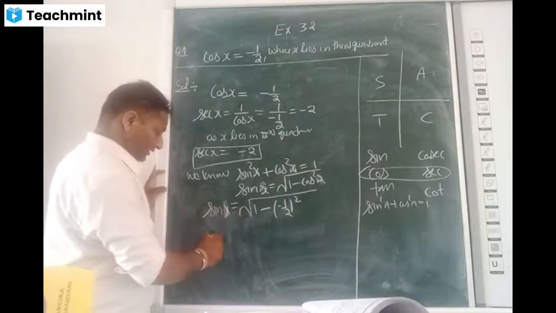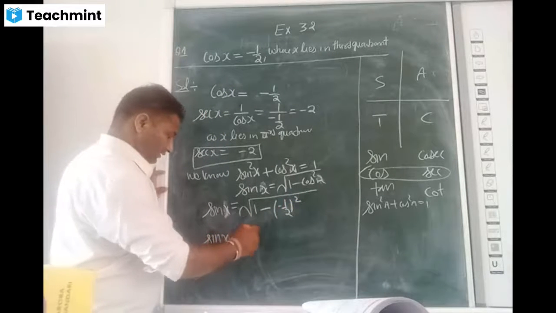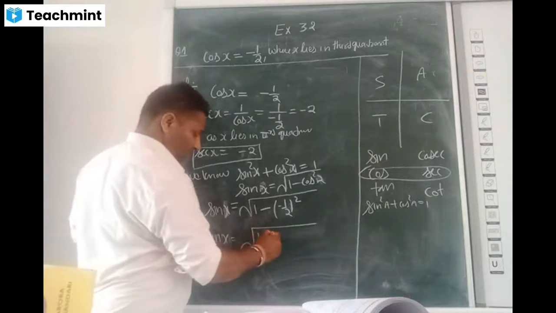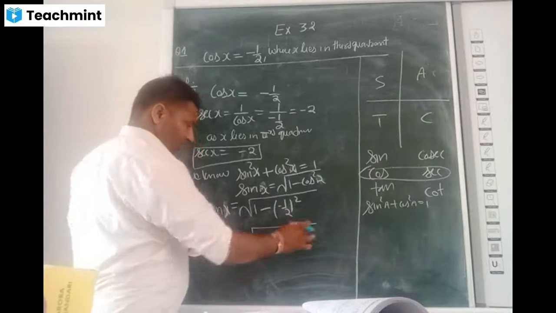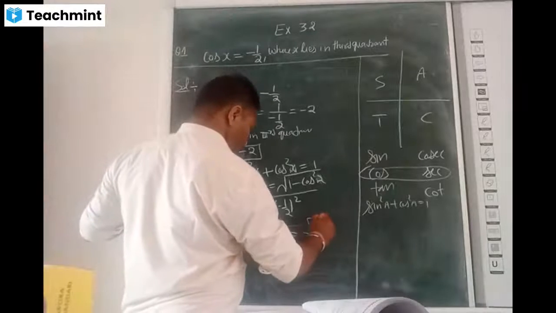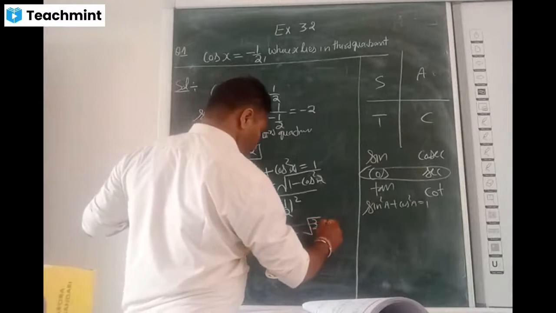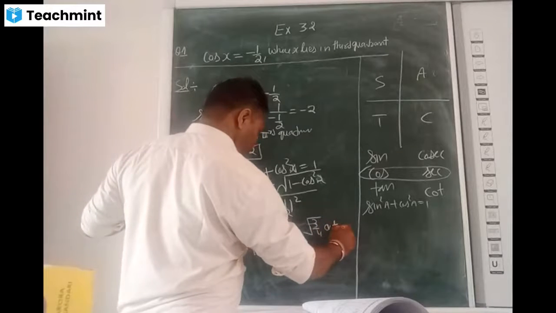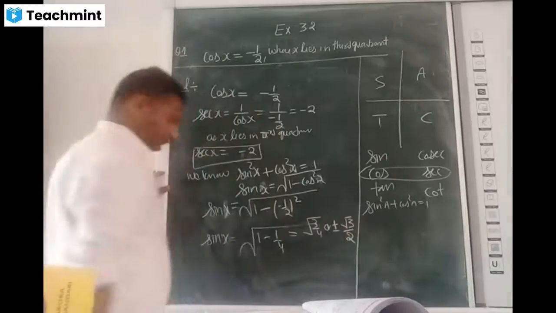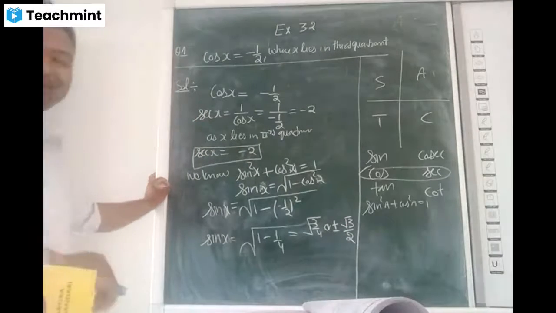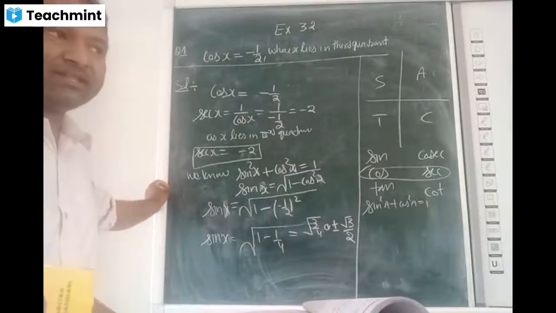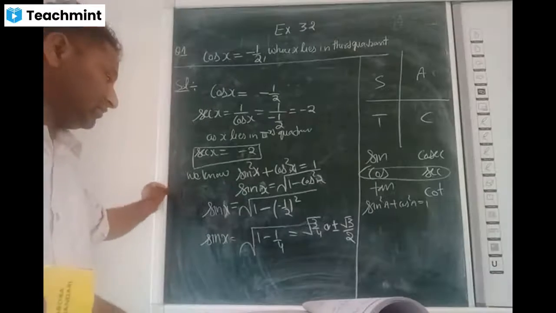So from here, sine x is under root 1 minus 1 upon 4. By simplifying, it becomes root 3 upon 4, or we can write plus minus root 3 upon 2. So the value of sine x is plus minus root 3 upon 2.